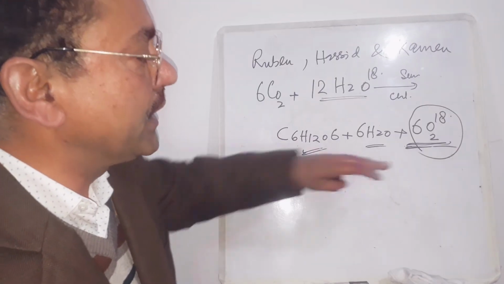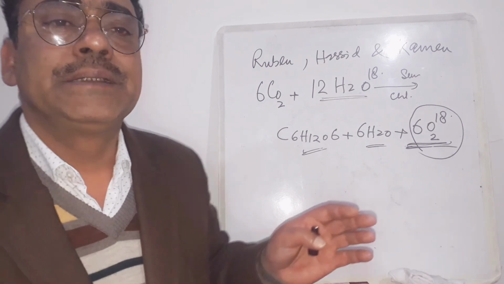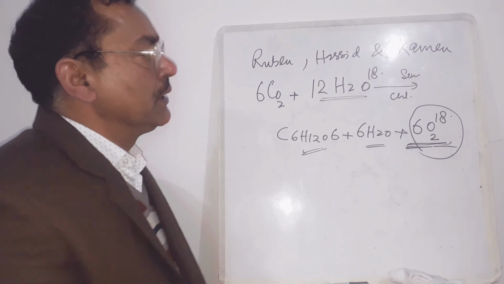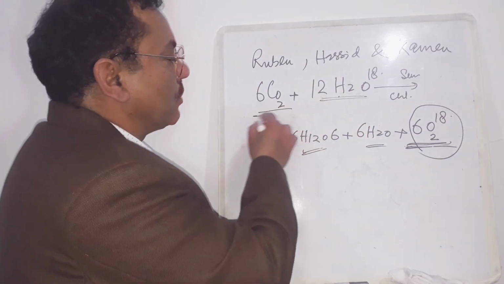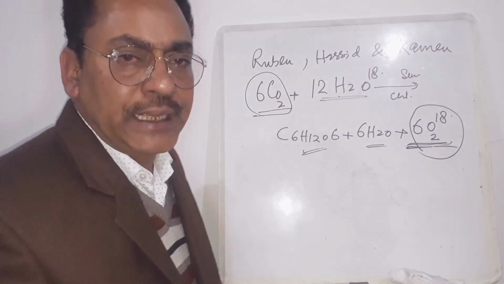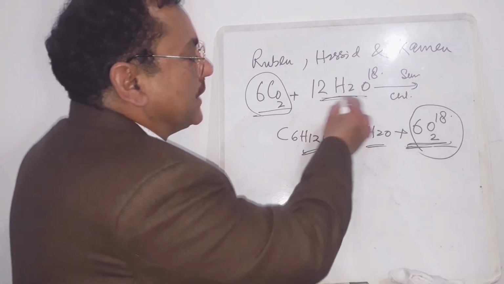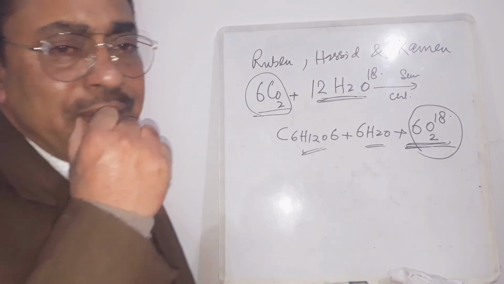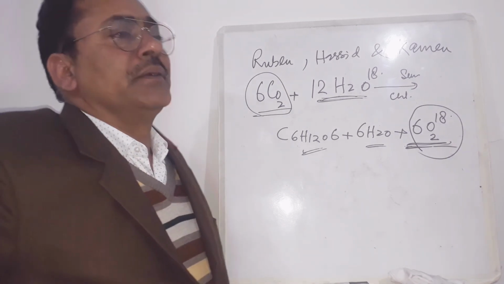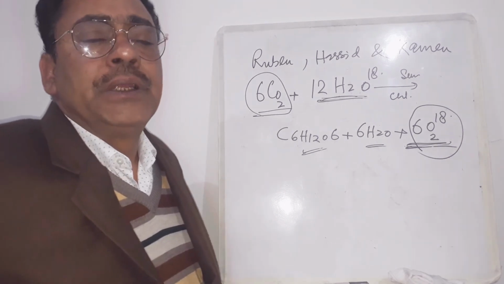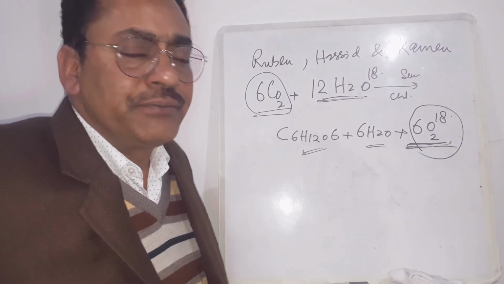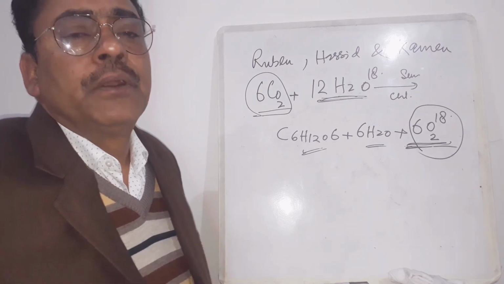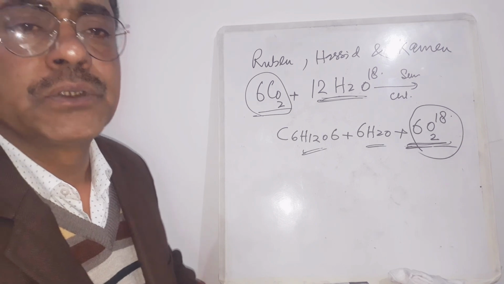So this clearly indicated beyond any doubt that the source of oxygen in the process of photosynthesis is water and not carbon dioxide. Carbon dioxide is not the source of oxygen, rather it is water. So these were the various experiments that led to the discovery that during photosynthesis oxygen which is liberated in the green plants comes from water and not from carbon dioxide.